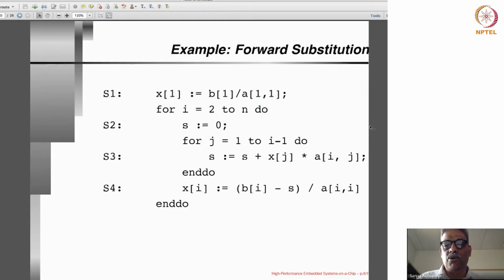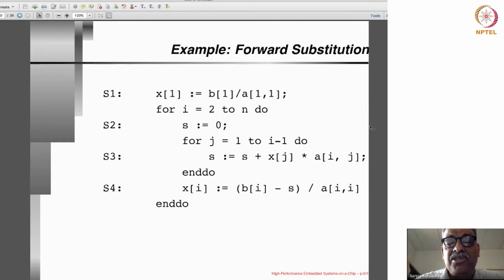Okay. So when you want to look at some instance of statement S3 and some instance of statement S2, S3 is indexed by i and j, S2 is indexed by i, and you really want to look at the relative order between i of S2 and the i of S3.